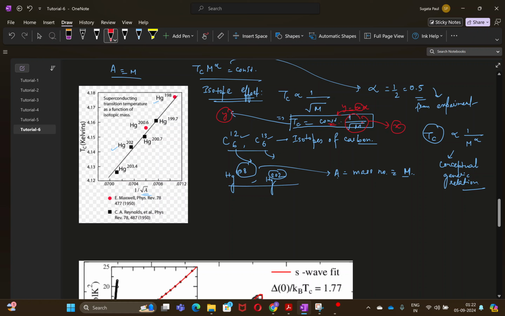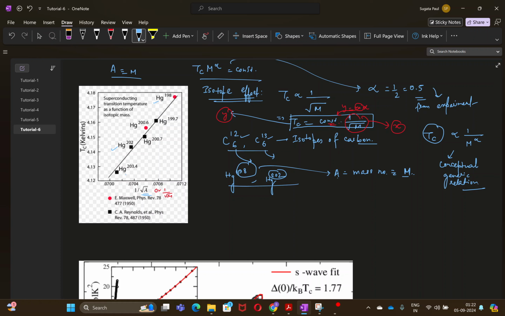So this is basically analogous to the equation of a straight line, and that is how you can get this graph as a straight line, that your Tc on the y-axis and 1 by root over of m on the x-axis, you see that the graph you get is a straight line. This is experimental data.